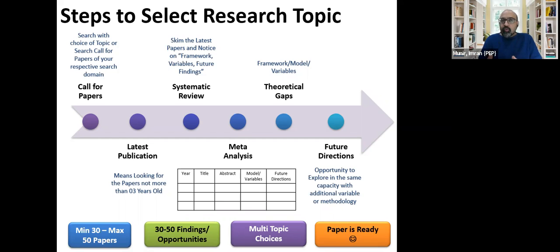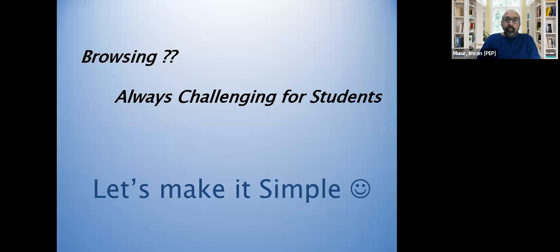So almost 60% of the work is done through this meta-analysis. This is my learning, and based on that, you should read these 10 papers. Then you will be ready to draft your own literature review. I'm skipping the other slides, so let me park that discussion and talk about it in coming slides.